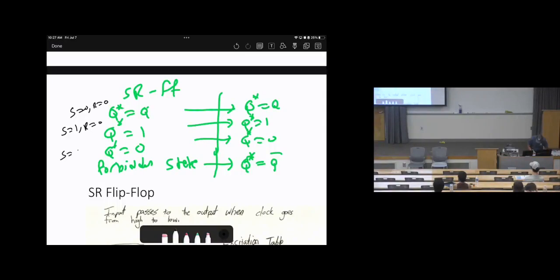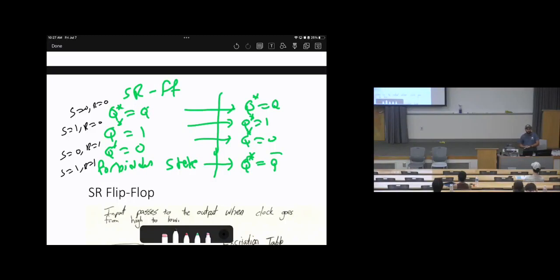Here is S equal 0, R equal 1. Here is S equal 1, R equal 1. So we can say that when both are 1s, instead of the forbidden state, we can replace it to be Q equal to Q bar. Can we do this? Yes, we can. How? We can modify the digital logic circuit so it can be done.